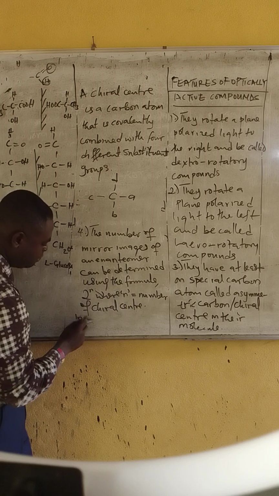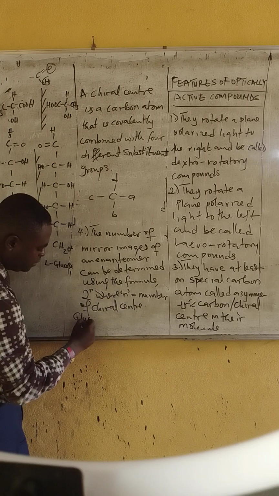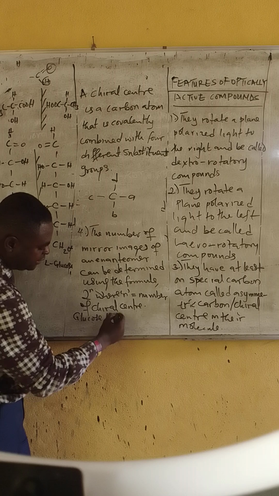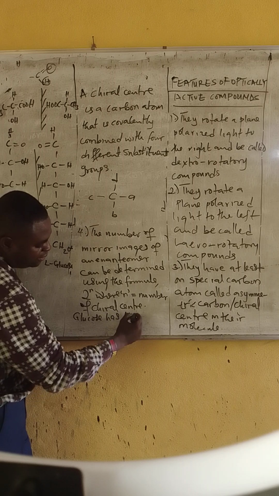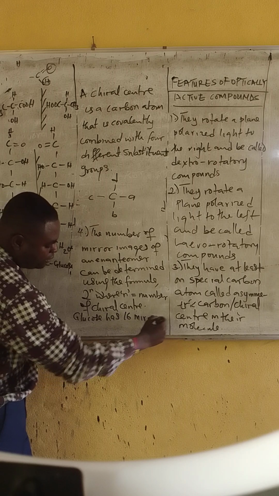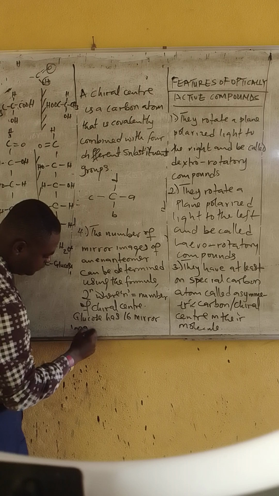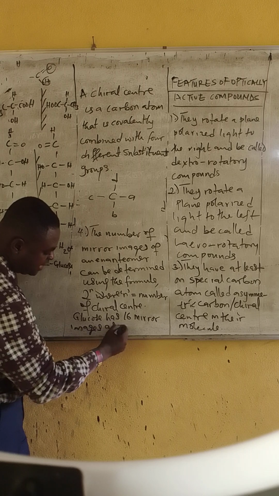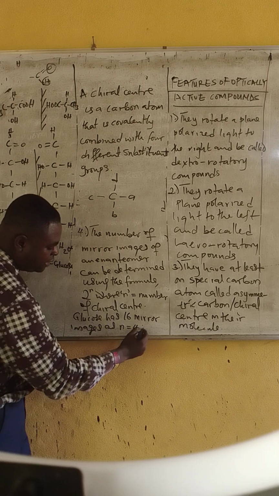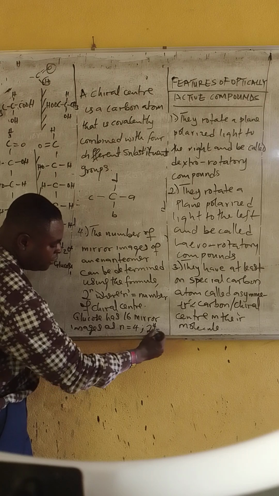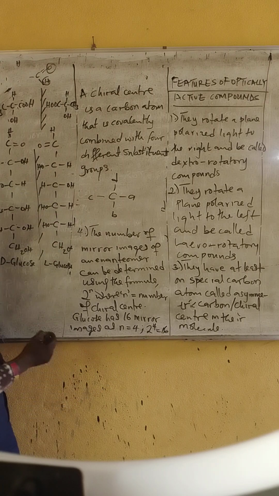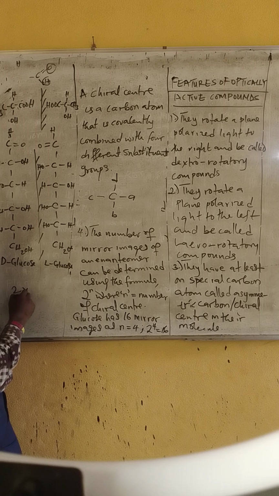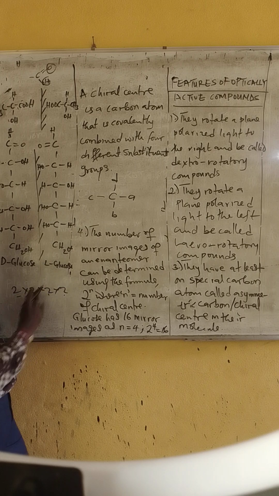So in glucose now, glucose has 16 mirror images as n equals 4. Then we have 2 raised to power 4. That's 16. 2 times 2 times 2, 2 in 4 places. 2 times 2 times 2 times 2. 2 times 2, 4, 4 times 2, 8, 8 times 2, 16.